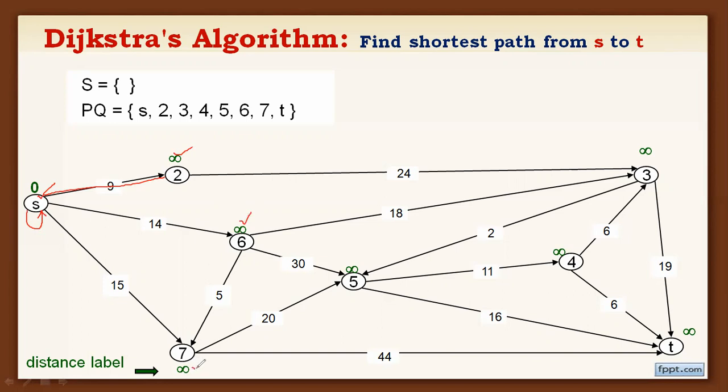Set the distances from the source vertex to the other remaining vertices as infinity in the second step. So this is the source node and the destination node is T. So set the distance from source to the destination vertices as infinity. This is the second step.